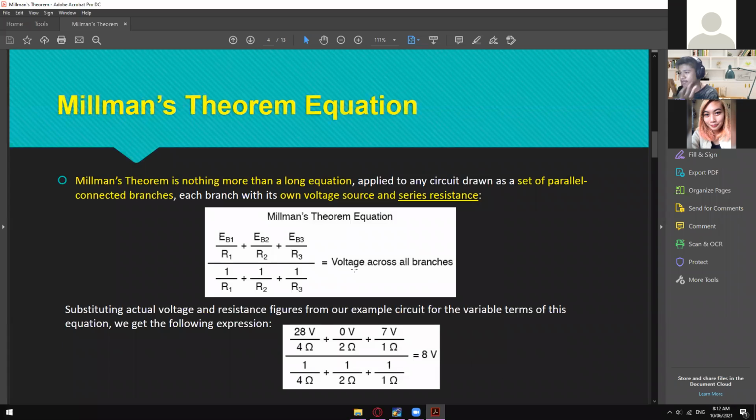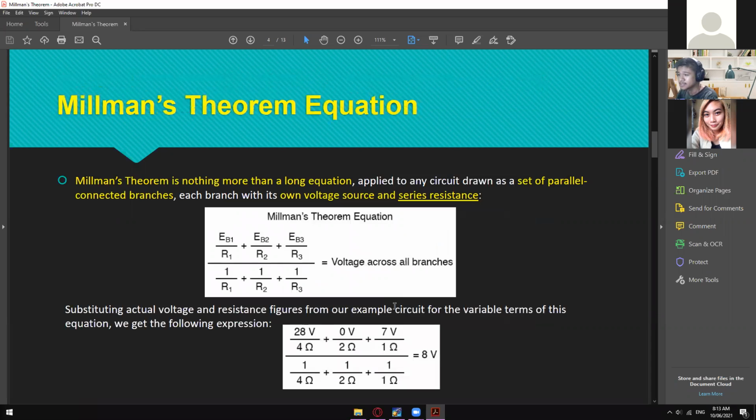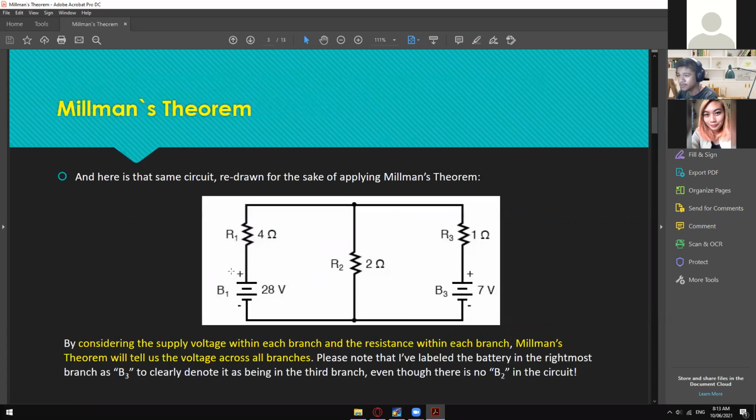So for you to be able to get the voltage drop, of course you have to apply this one all throughout your circuit or across all of your parallel branches. In here we have positive and then the negative. So in here we simply followed the reference. As you can see right here, we have positive and then negative, so basically we have that kind of flow of current.